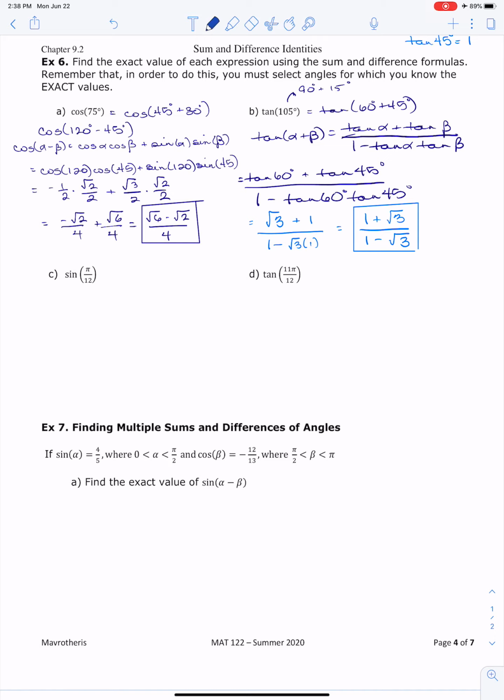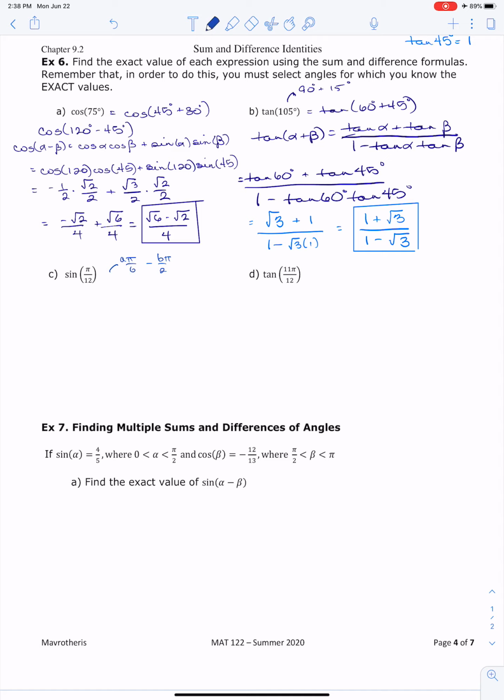I like being able to work with the fractions, so I will start by taking a look at that denominator. I could multiply 6 and 2 to get 12. So I got something times pi over 6 minus something times pi over 2.